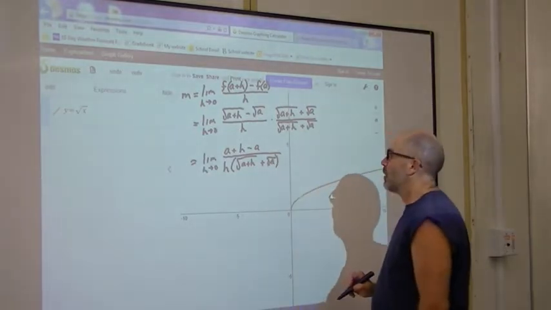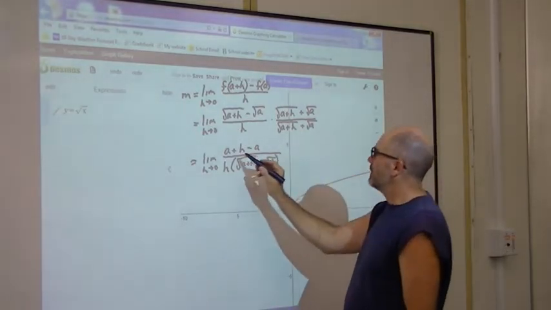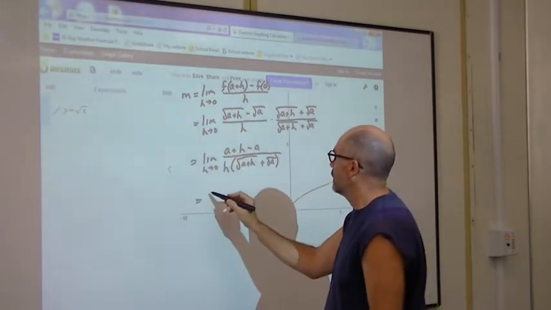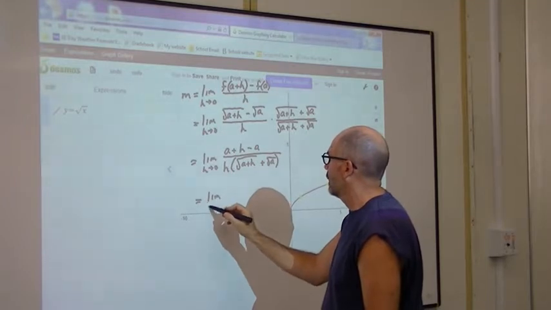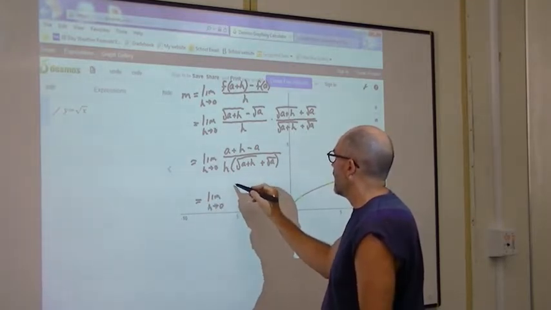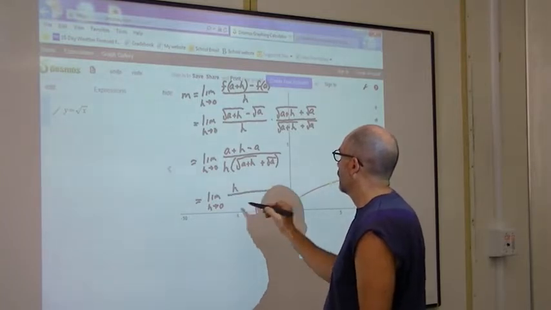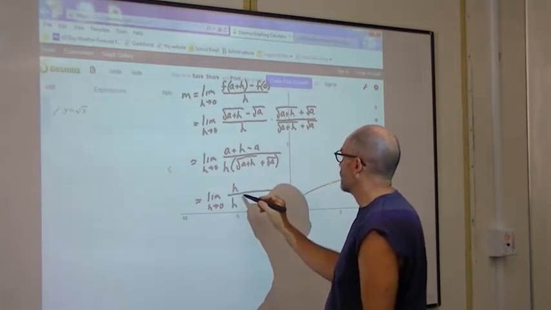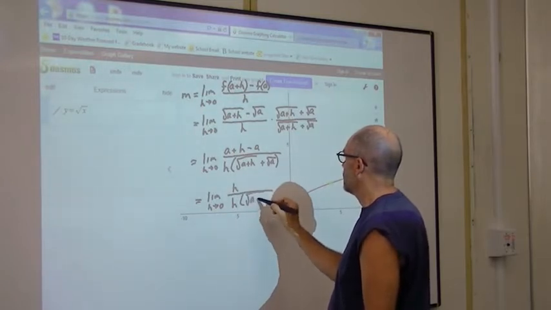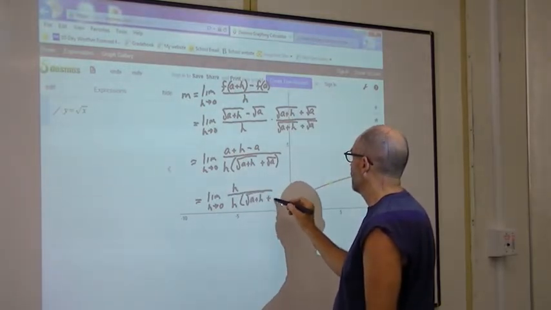Okay, now this becomes a minus a on top, which is just an h on top. So I've got h over h times the quantity square root of a plus h plus square root of a.